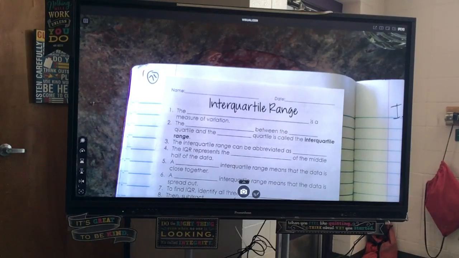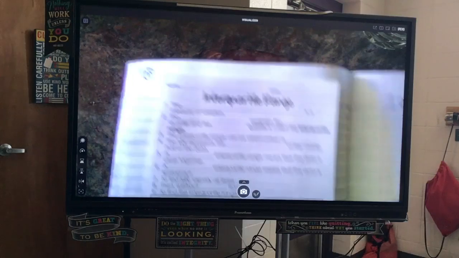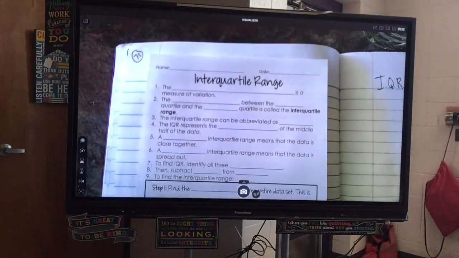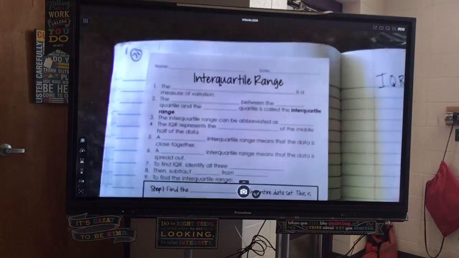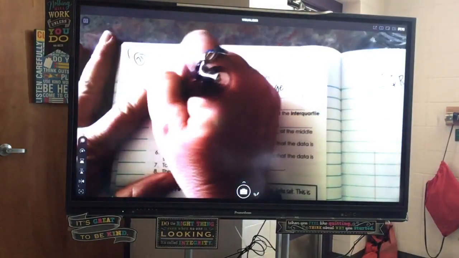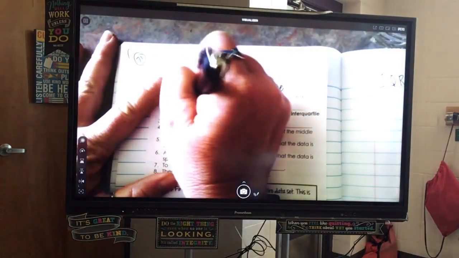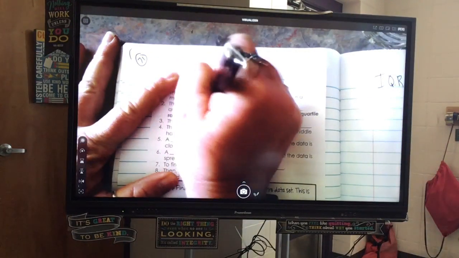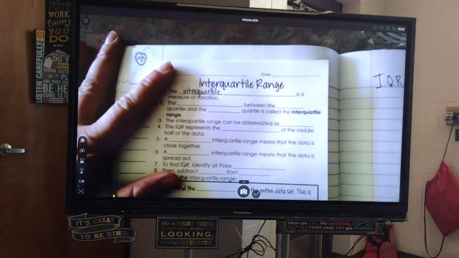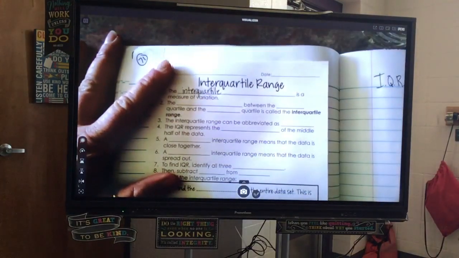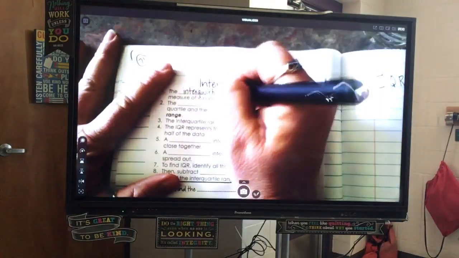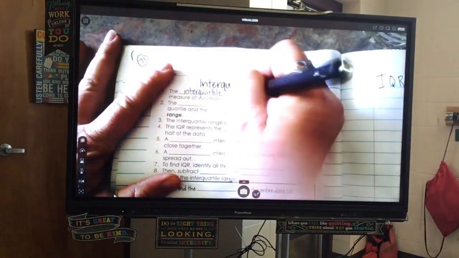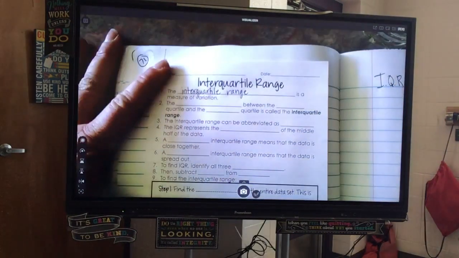All right, so the interquartile range, and this is the last time I will call it interquartile range. I will start calling it IQR. Okay, it's easier, shorter, whatever. So the interquartile range is a measure of variation.